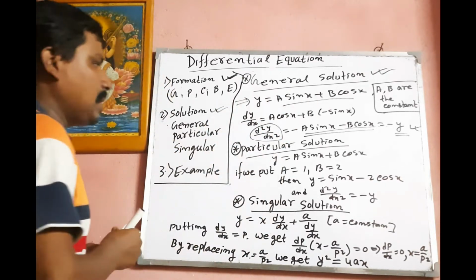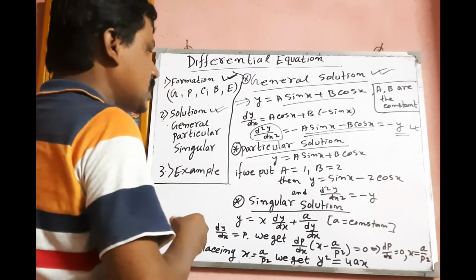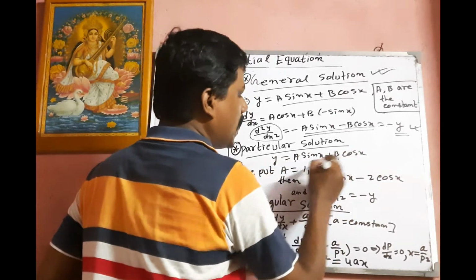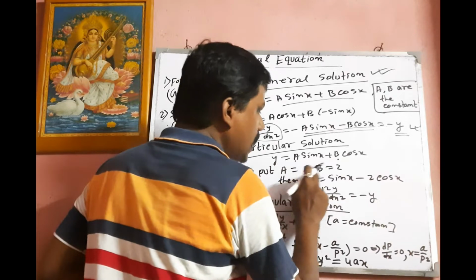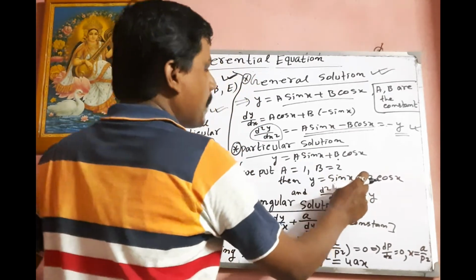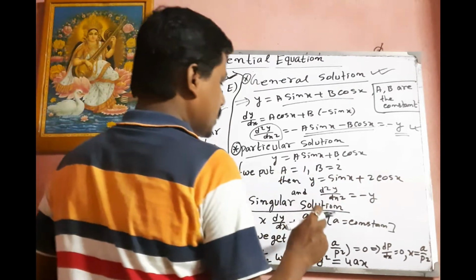And now in the particular solution section, if we put the value of a and b as 1 and 2, then we get y is equal to sin x plus 2 cos x.